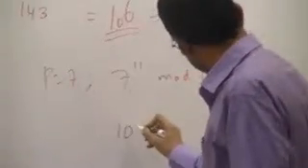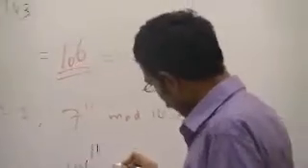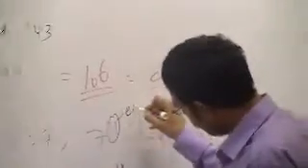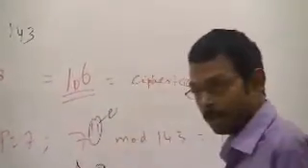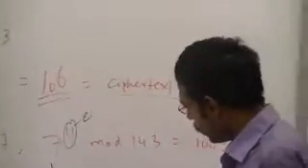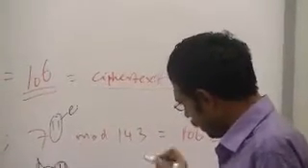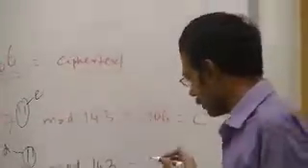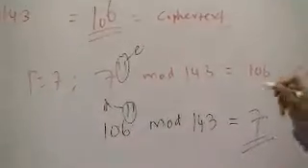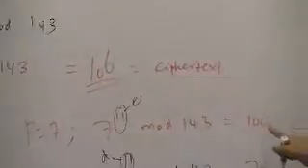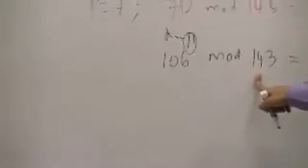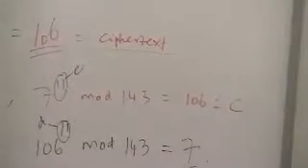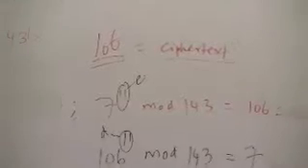So 11 is your encryption key. This is your decryption key, mod 143 again. What should we get? The cipher text 106 raised to 11 mod 143 should get back your plain text 7, if you did it right.